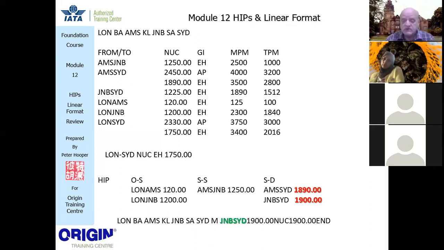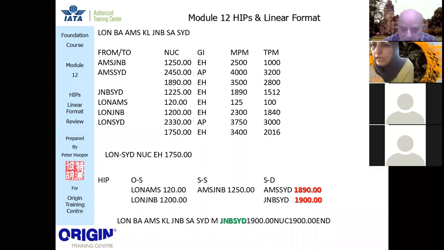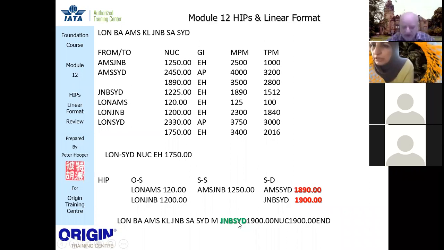So when there are the 2 cities and no space, no NUC, just an amount, then this is the HIP. But if there is an NUC, then it's not the HIP.